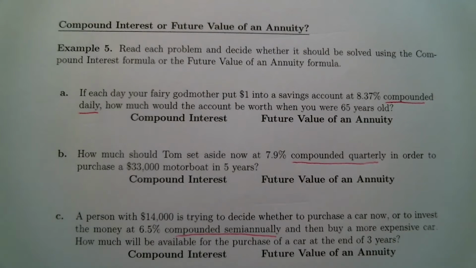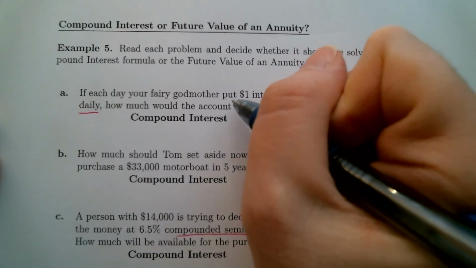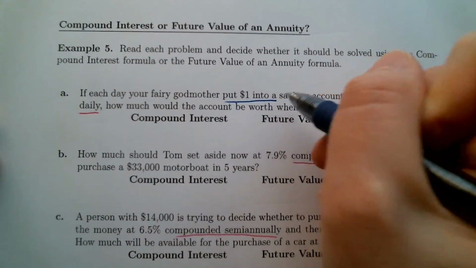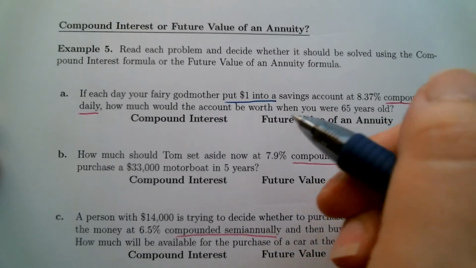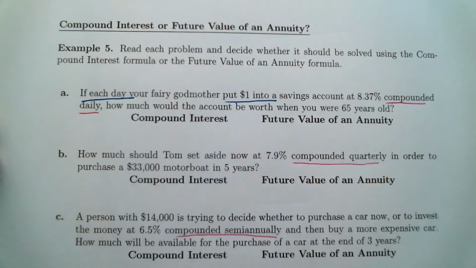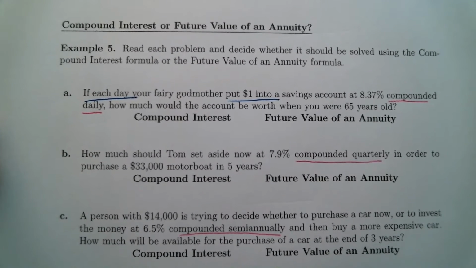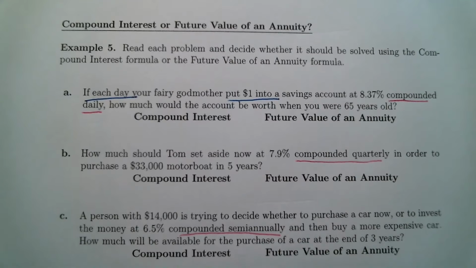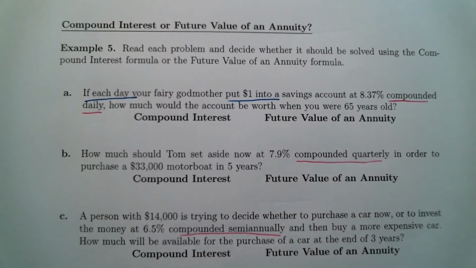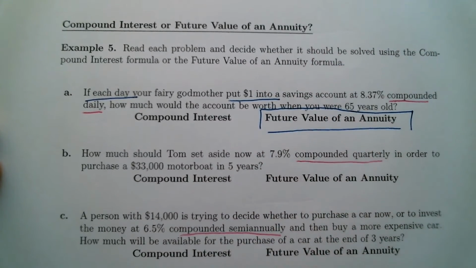The key here is that the fairy godmother puts $1 into the savings account each day. These are regular deposits of $1 each. Regular deposits makes it future value of an annuity.